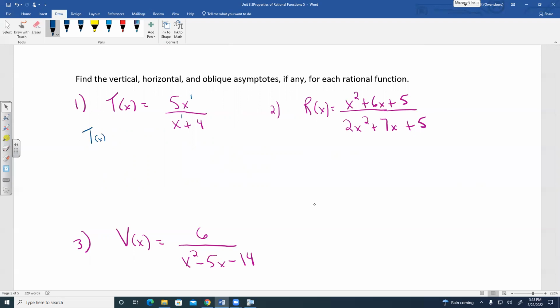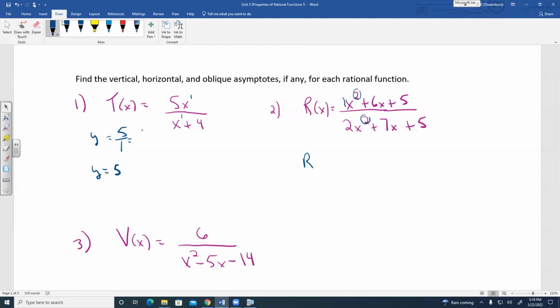So your asymptote is going to be y equals 5 over 1. So y is going to equal 5. Notice on this one, the degrees again are the same. So since the degrees are the same, it's just going to be the leading coefficients.